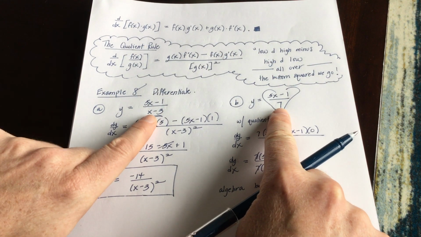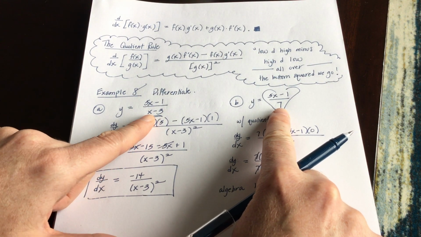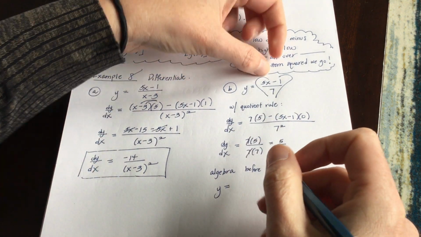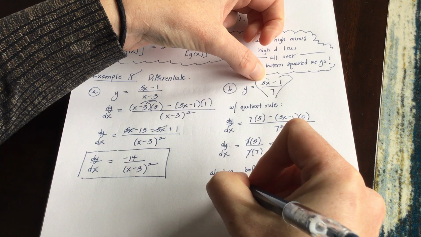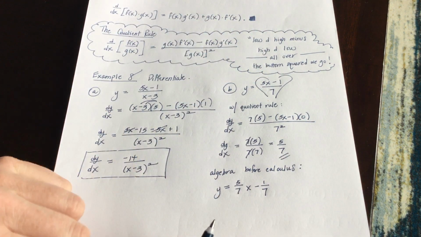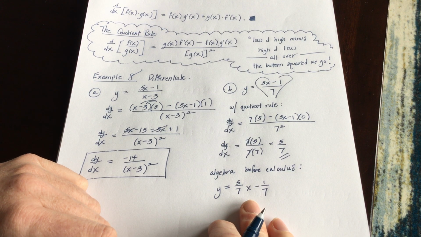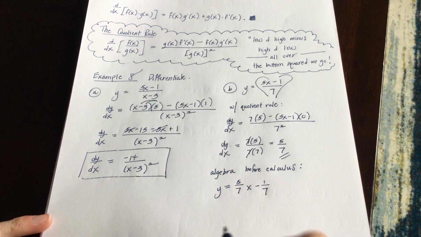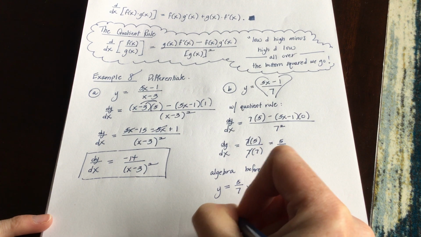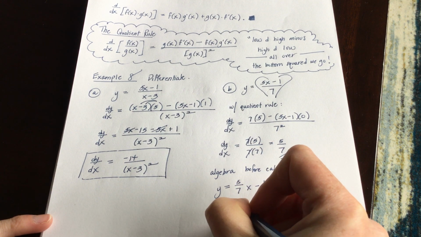And I want you to notice that that wasn't so much an option over here on the left side. So if you rewrote the rule, you could rewrite it as 5/7 x minus 1/7. And then here you have a linear function, and remember a line graph is its own tangent line. So the slope of the tangent line at any x value would always just be that 5/7 value.